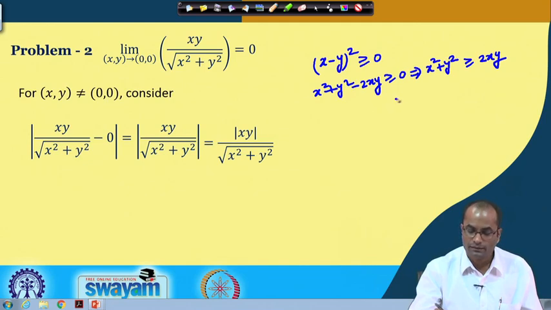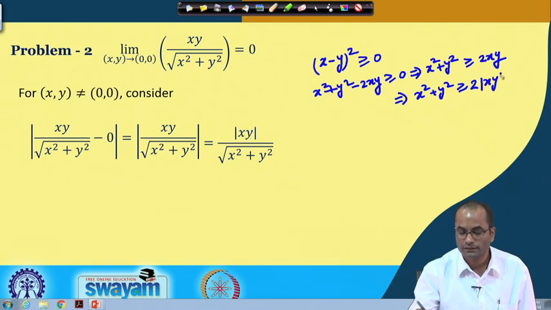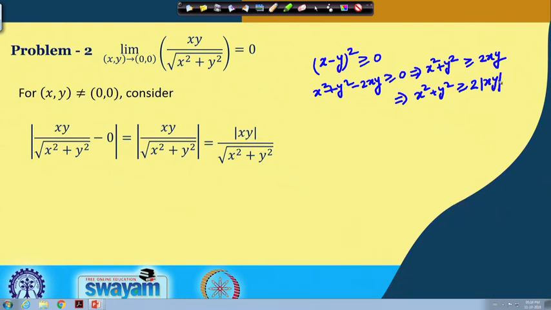And then here we have x square plus y square greater than, we can take the absolute value. Here x square plus y square is positive, so we have x square plus y square is greater than or equal to 2 times the absolute value of xy, and this is greater than the absolute value of xy.